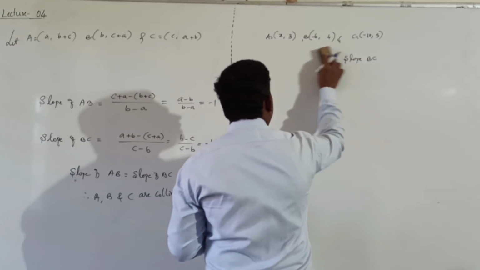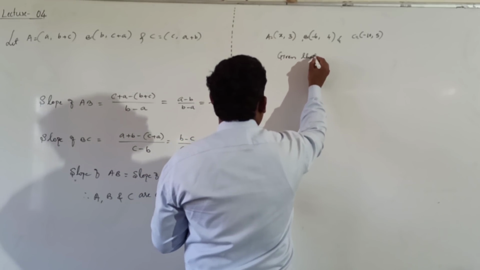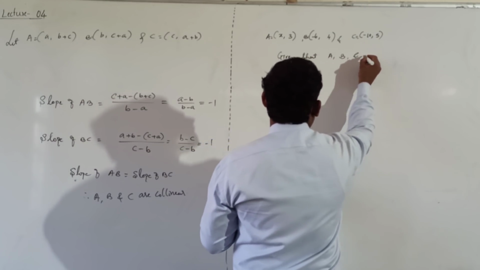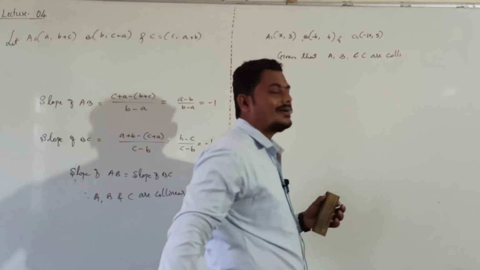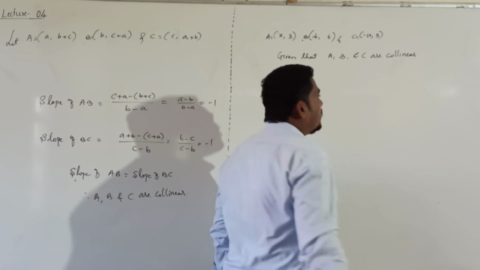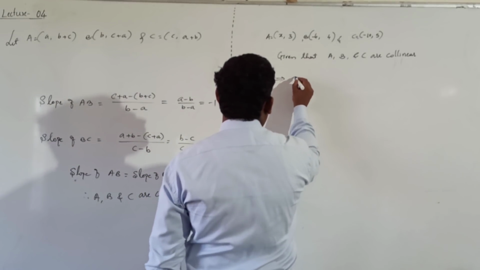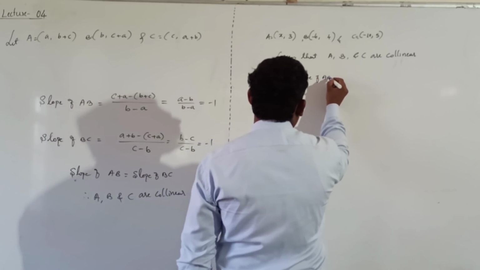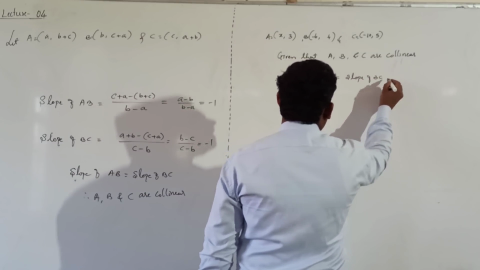What have they given? Given that A, B and C are collinear. It is the given condition in the question itself that these points are collinear. If 3 points are collinear, it implies their slopes are equal. Slope of AB is equal to slope of BC, right?